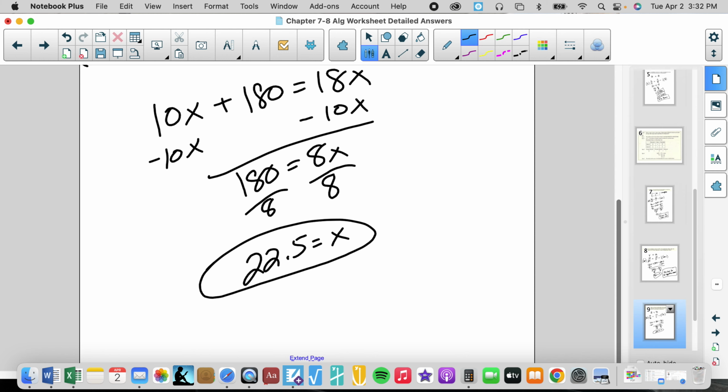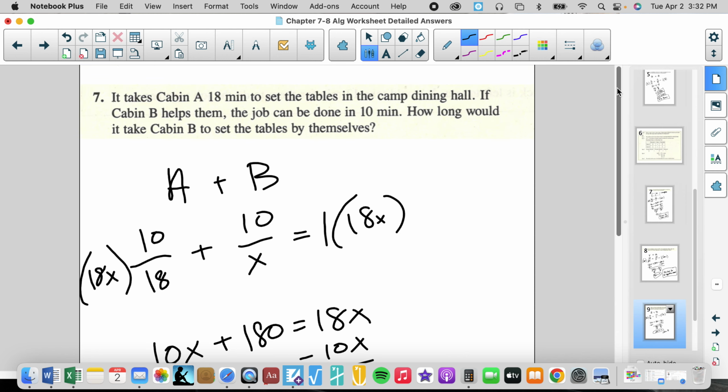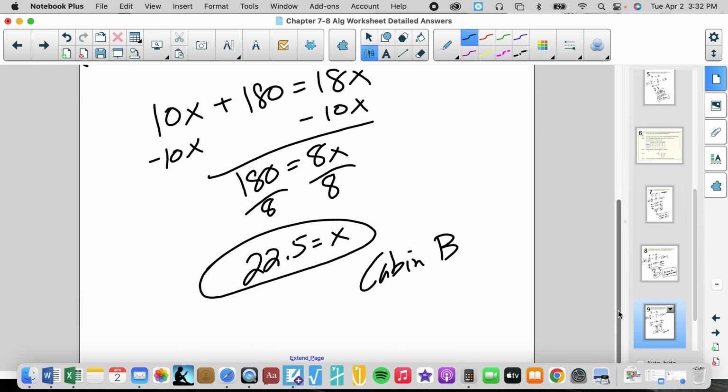So cabin B by themselves would take 22.5 minutes alone.